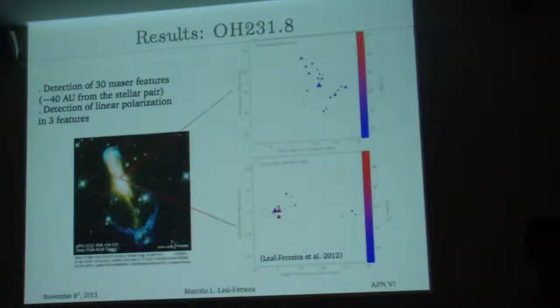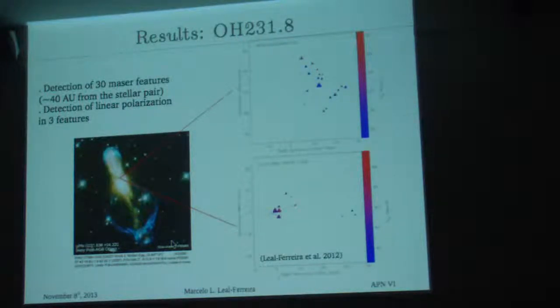So I'll jump now to the results. This is the first object. It's the only PPN in the sample. We detected 30 maser features, and they are located about 40 AU from the central pair. It's a binary. We detected linear polarization in 3 of the features, and you can see here a high dispersion of the direction of the linear polarization. This could, for example, trace the tangent points of a toroidal magnetic field like this.